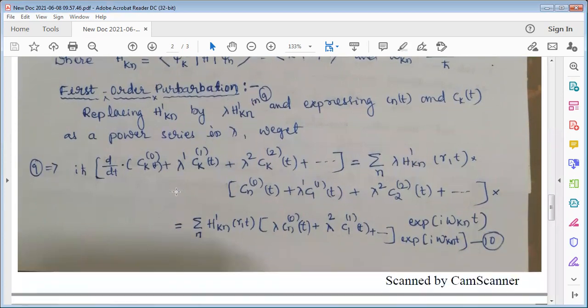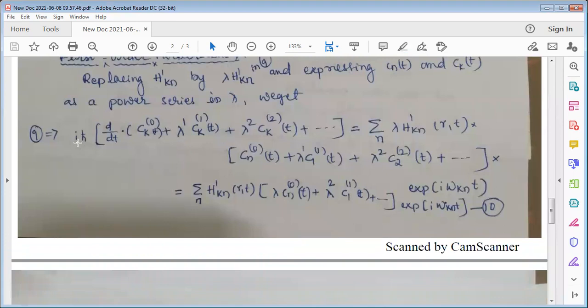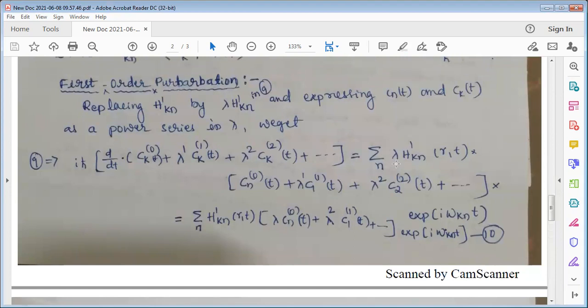We get equation 9 becomes like this: i h cross d by dt of Ck of t was there, and this Ck of t is now expanded like this, and on the other side summation over n lambda h dash kn is there, and Cn of t is also expanded in terms of lambda on the RHS, into this quantity exponential of i omega kn t.